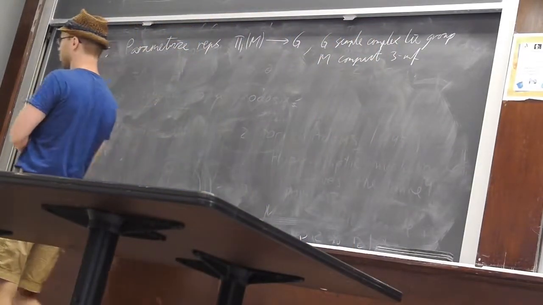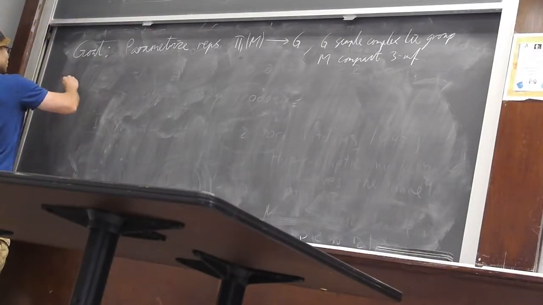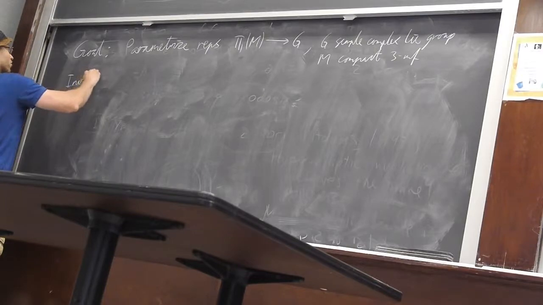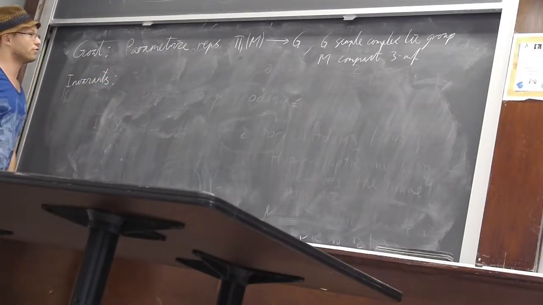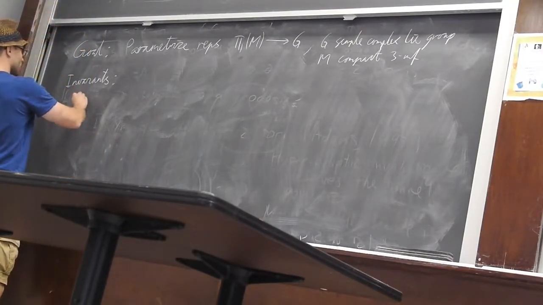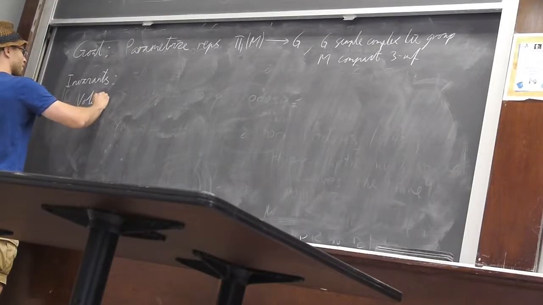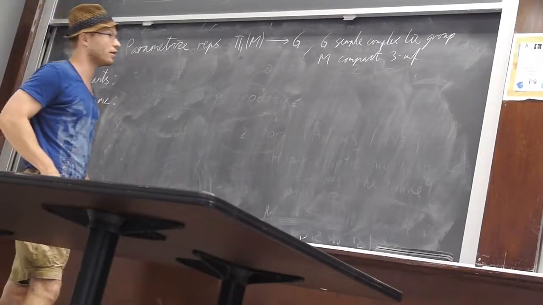So let me just say what the invariants are that we're interested in. What are invariants of a representation? We have some classical invariants like volume. So let me state how it's defined.